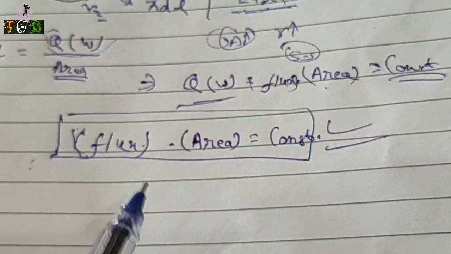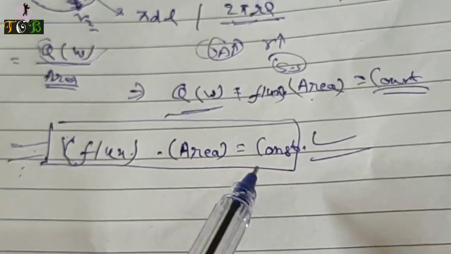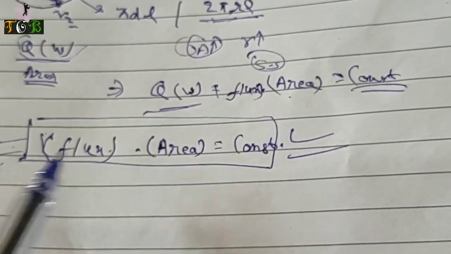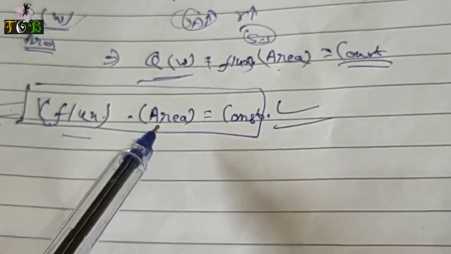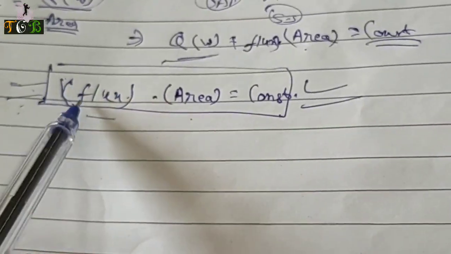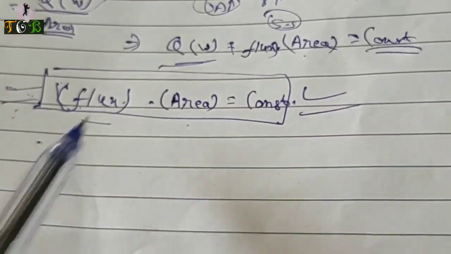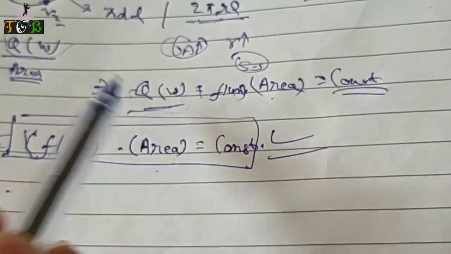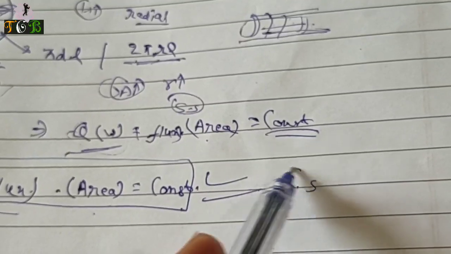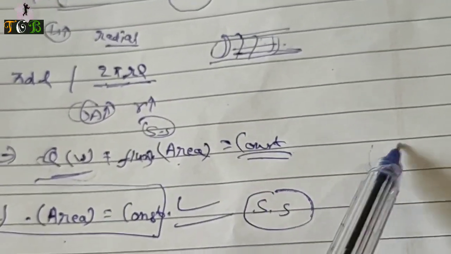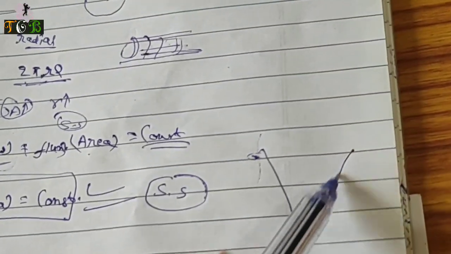This is the most basic formula you have to remember: the flux into area will be constant. Because what is flux? Heat transfer rate per unit area, and if you multiply by the area, what do you get? The heat transfer rate. And given that there is a steady state, there cannot be any accumulation of heat, so whatever heat came in should go out.